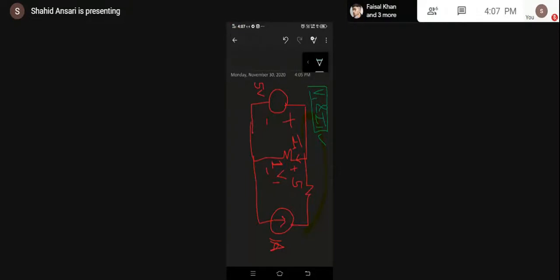Let's have an interactive discussion. Here our target is to find out the value of V1 and I1. I1 is the current flowing through the 1 ohm, and this is V1, which is the voltage across this one.